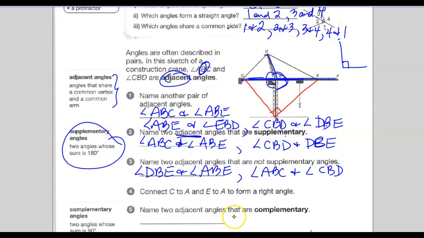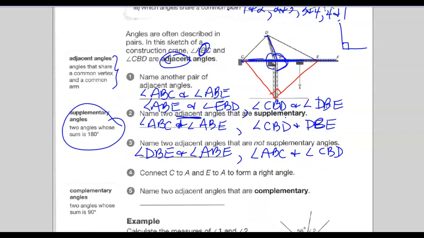Name two adjacent angles that are complementary. Well, in this case, we don't really need that triangle. The complementary, oh, I see. Yeah, so add to 90 degrees. So two angles that add to 90.